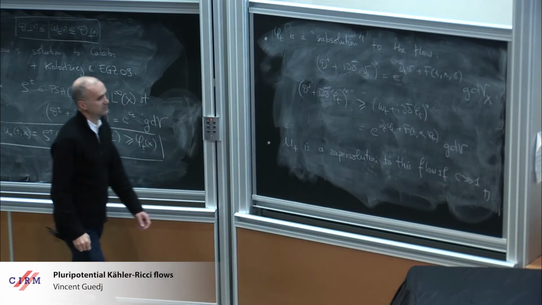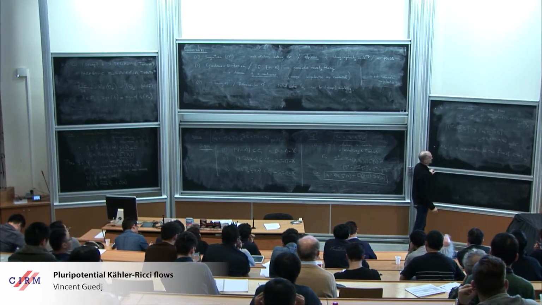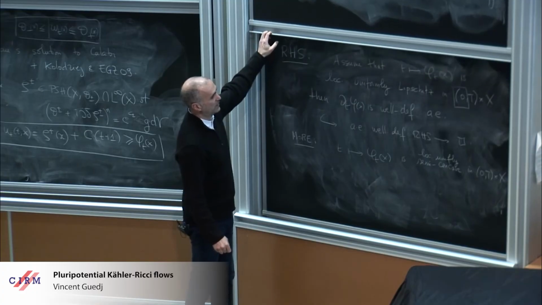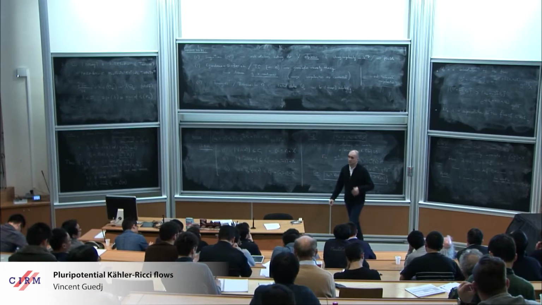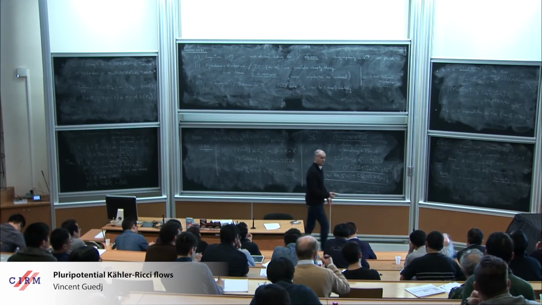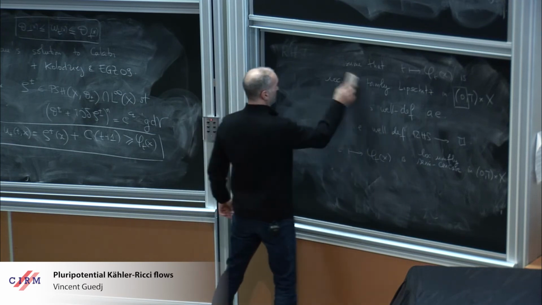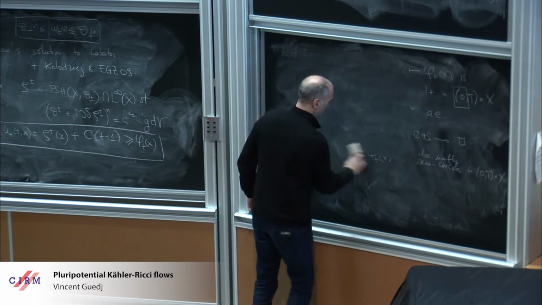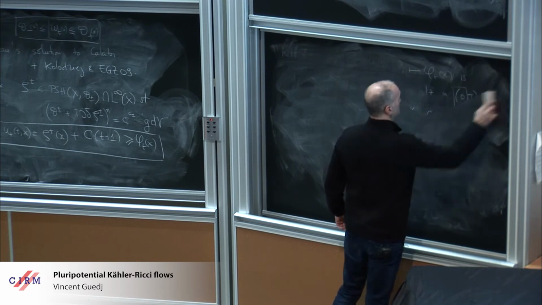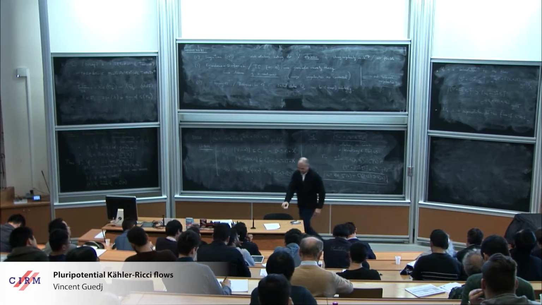So I leave that as a computation. And then you apply the so-called comparison principle. Once again, we are working with smooth approximants, so it's a classical maximum principle that you plug in here, which tells you that, as the name suggests, the subsolution is smaller or equal than the supersolution.